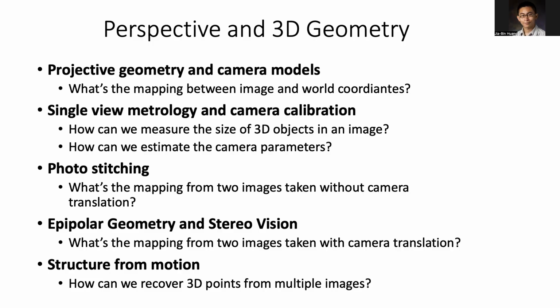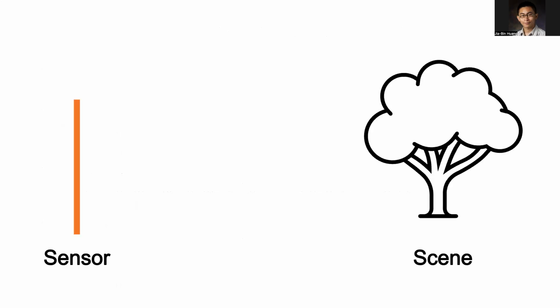So let's start with a very simple thing. Okay, so I have a sensor, I have a scene. Let's say it's just a tree. If I have a sensor in front of the tree, would I get a clean image if I do the exposure? Any idea? What would this image look like?